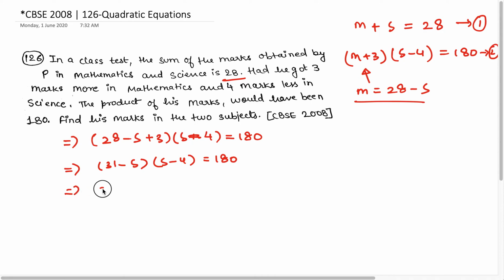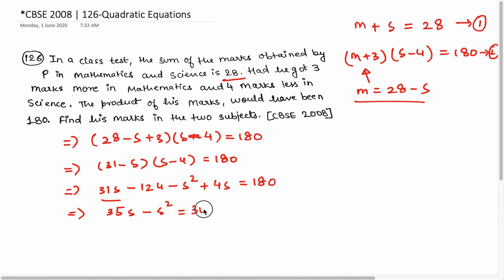And this becomes 31S plus 4S, which is 35S, minus S square, and if I take the 124 to this side, it becomes 304.